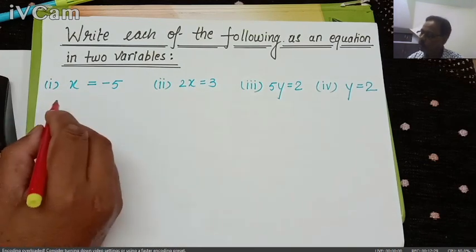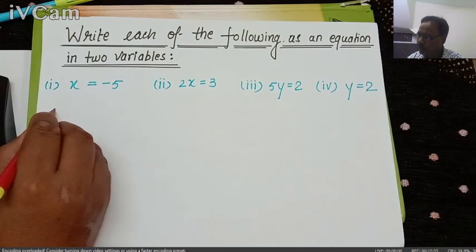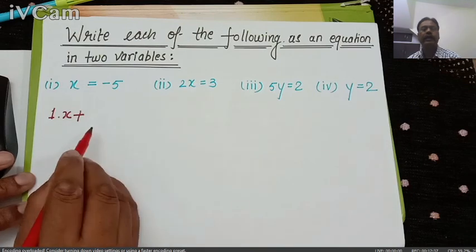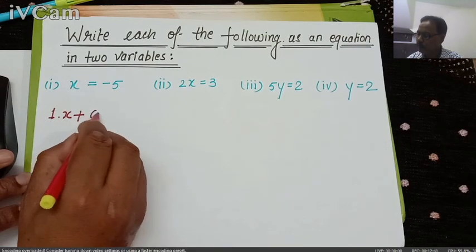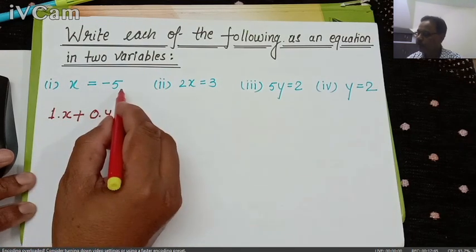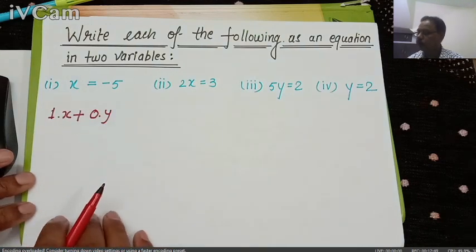In that form, how do we write? Let us see. X, so we shall write 1 into x plus, it is not having any y variable, so we shall write 0 multiplied by y equal to minus 5, but in the standard form we should be having equal to 0.